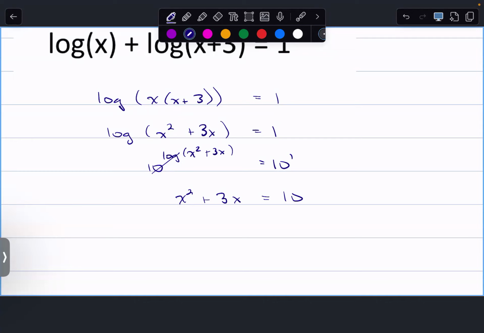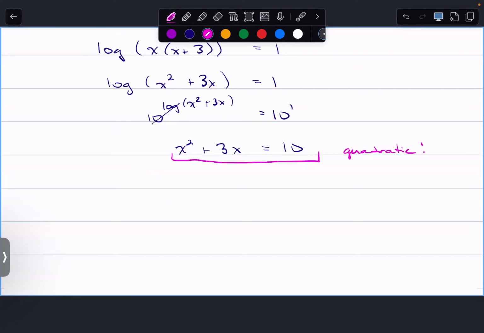Now the quadratic formula, right? This looks like a quadratic. And it is. We need to use the quadratic formula. We need ax squared plus bx plus c is equal to 0.